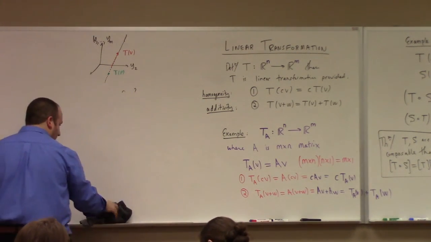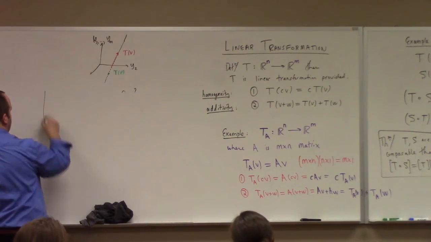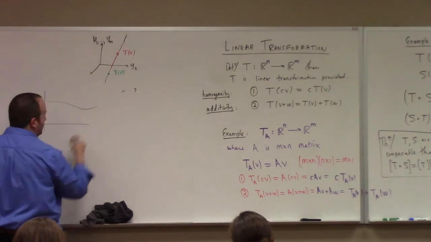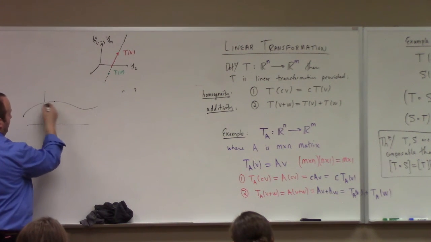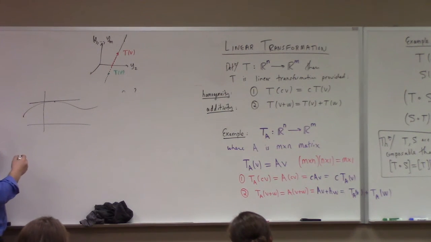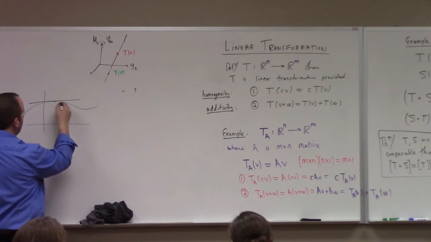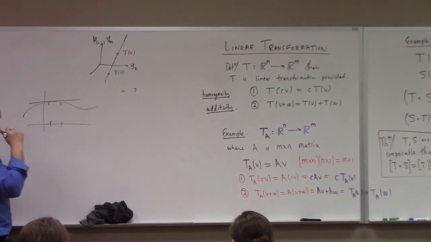You remember in Calculus 1, you could take a curve, and you could take this point and replace the curve with what? With its tangent line, right? And so if you're close enough, it's a really good approximation to the function.